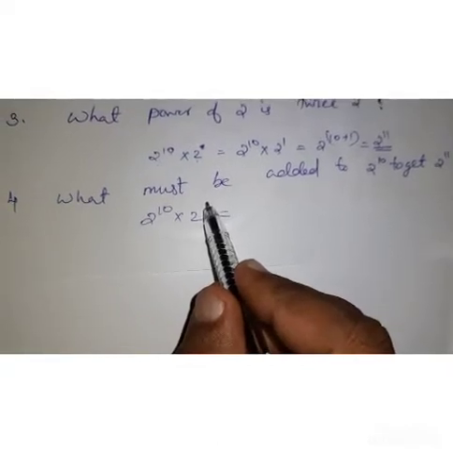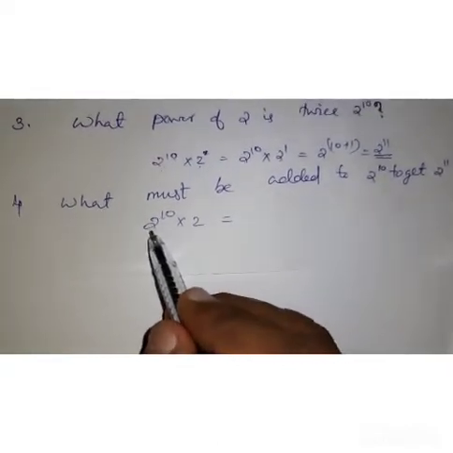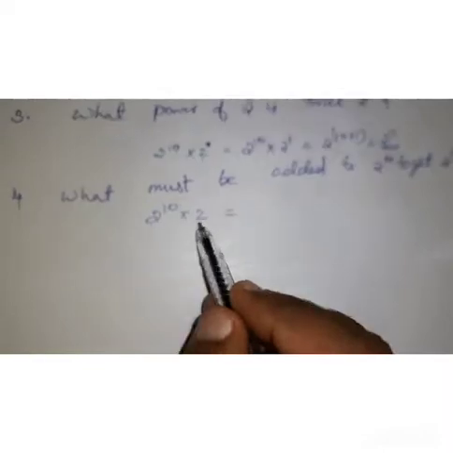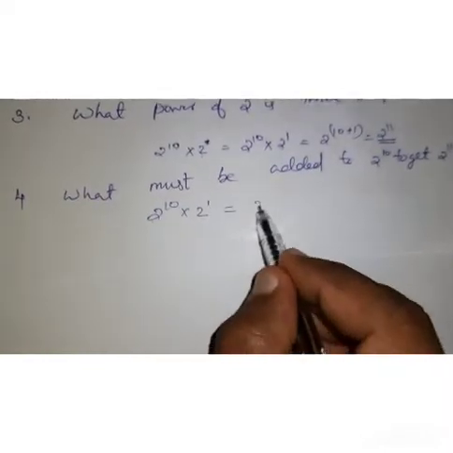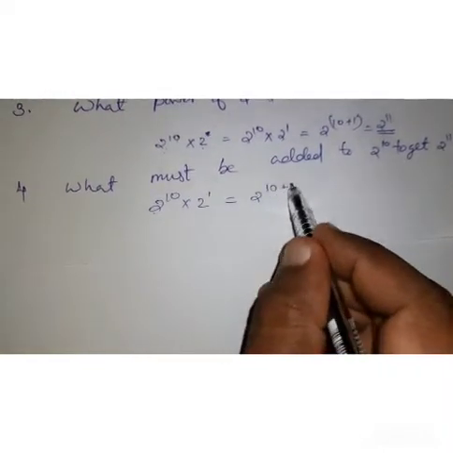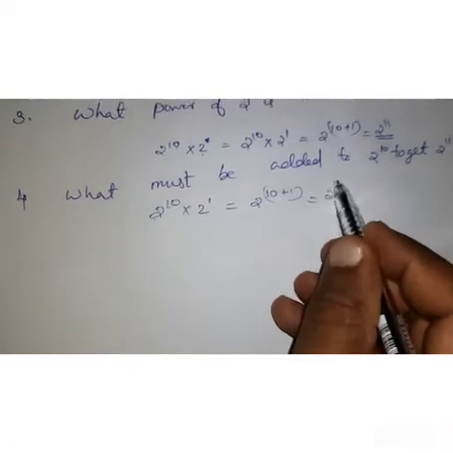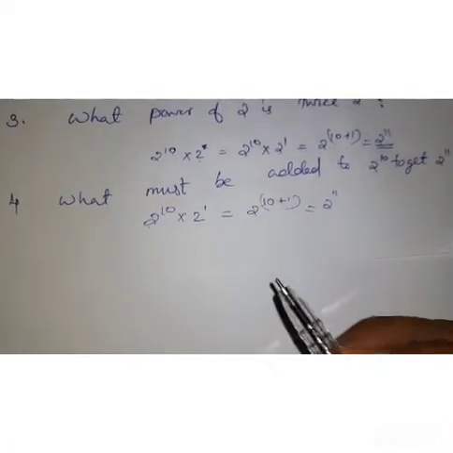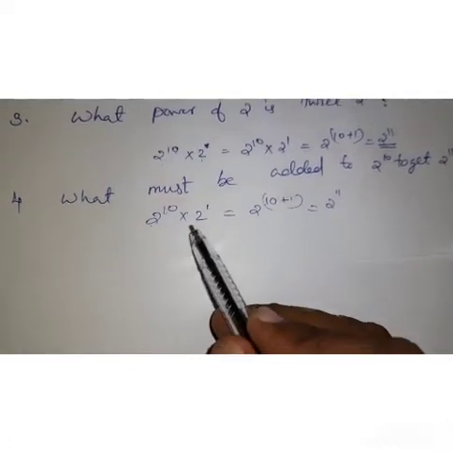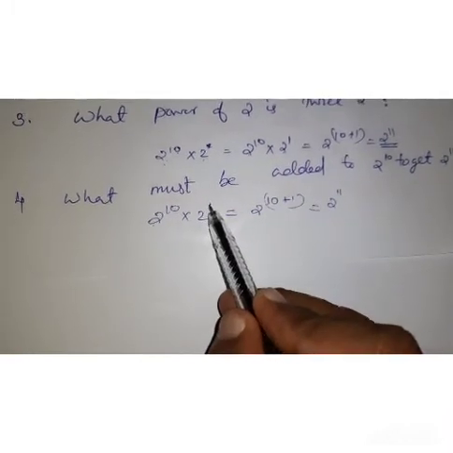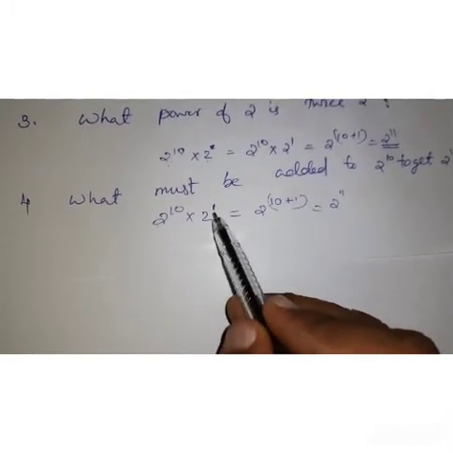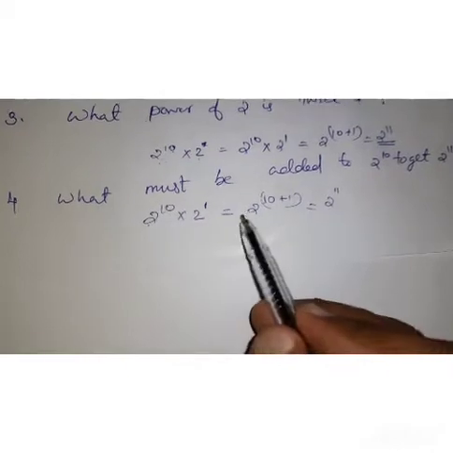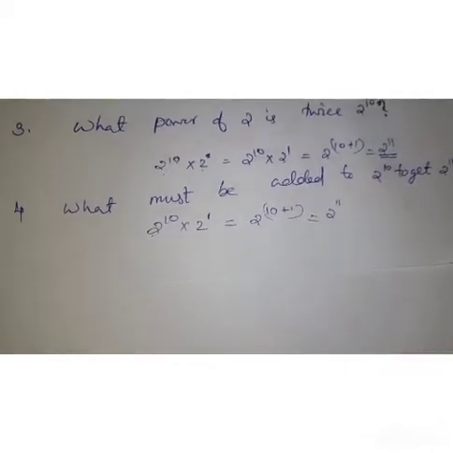Power 1 is added. So 2 raised to 10 multiplied by 2, 2 raised to 10 plus 1, we are getting 2 raised to 11. So you have to add what? The exponent 1 is added to 2 raised to 10. You will get 2 raised to 11.